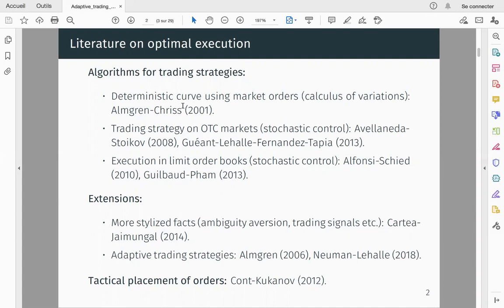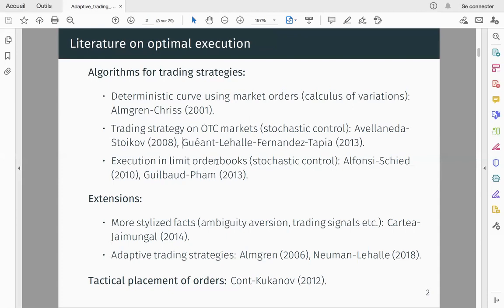And yes, one last area of optimal execution articles is related to the tactical placement of orders. So all the work I mentioned before assume, whether you are on OTC or on LOB, that the trader buys or sells on a single liquidity venue. But what happens in practice is that most of the quantitative trading strategies, especially when you work at the high-frequency scales, are based on statistical arbitrage on what is called cross-listed stocks, which are stocks listed on several venues.